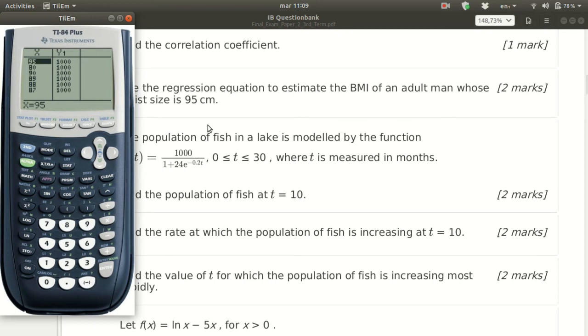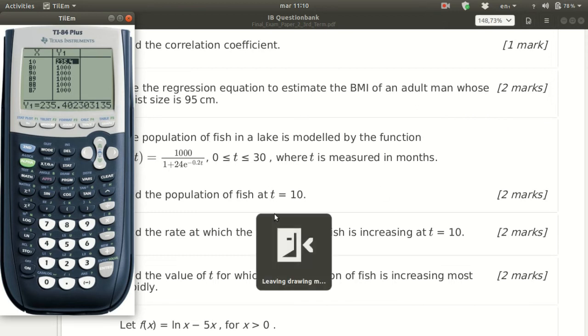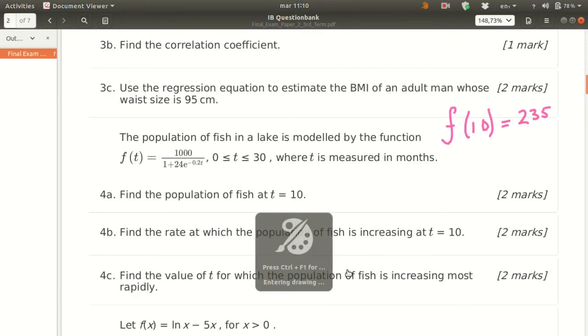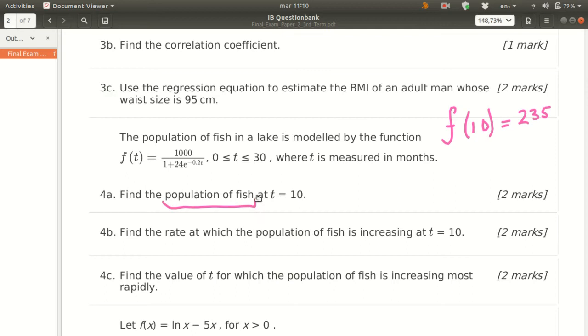They're looking for the value at 10. 235.4. Okay, so 235, rounding to 3 significant figures. As always, rounding to 3 significant figures. Also, one thing to keep in mind is that they're talking about the population of fish, and there can't be 0.4 fish. That doesn't make any sense. So we're going to round to 235, okay?